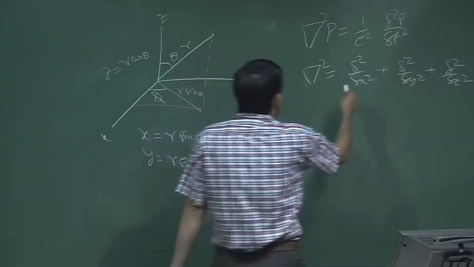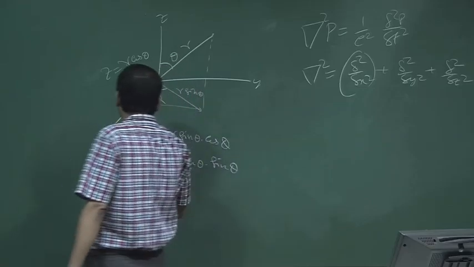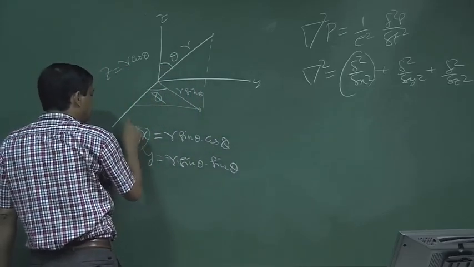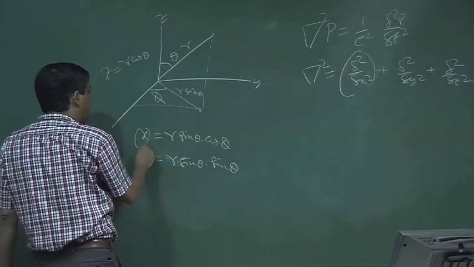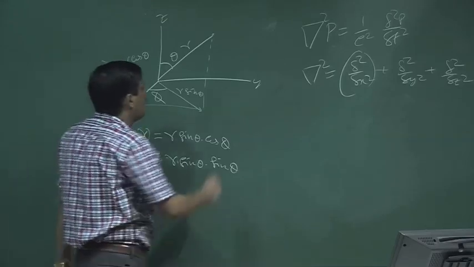Now, instead of x, y, z, these terms can be calculated: del square by del x square, del square by del y square and del square by del z square can each be calculated.